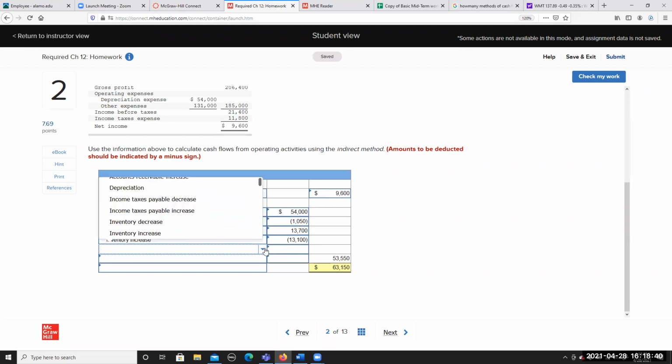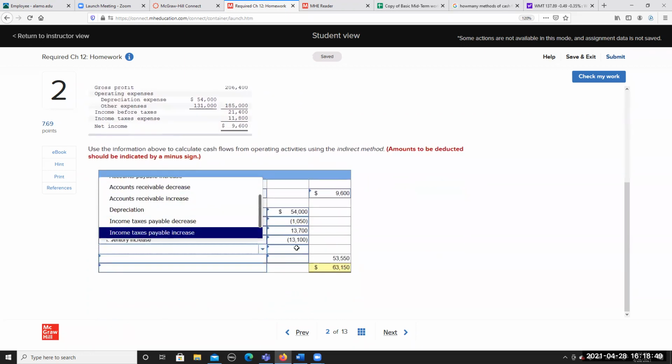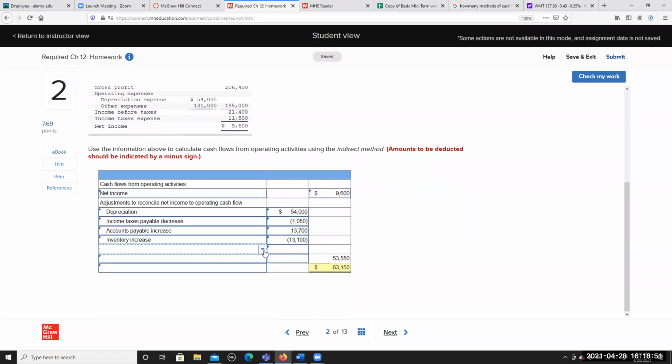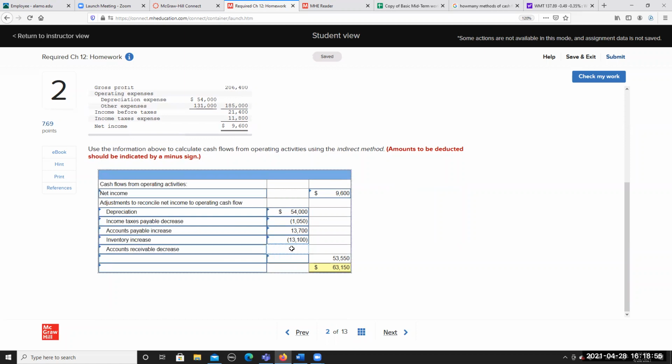All right, so we've got one more, receivables. What happened to receivables? Receivables went from 50 to 64. So 34, I'm sorry, so they went down. So accounts receivable went down by 16,000. So that means people paid us.